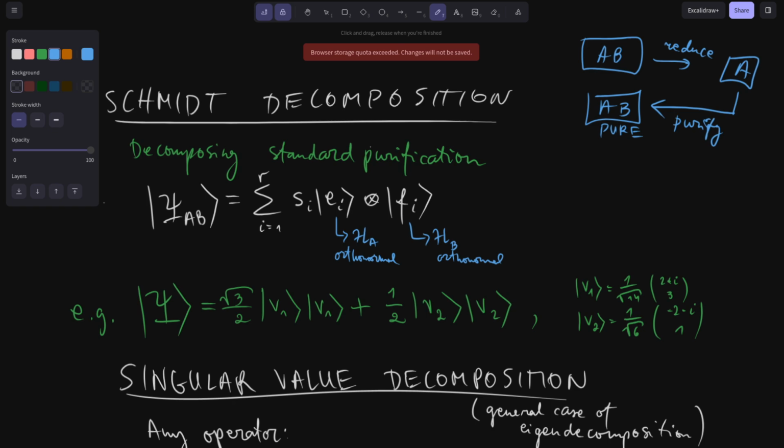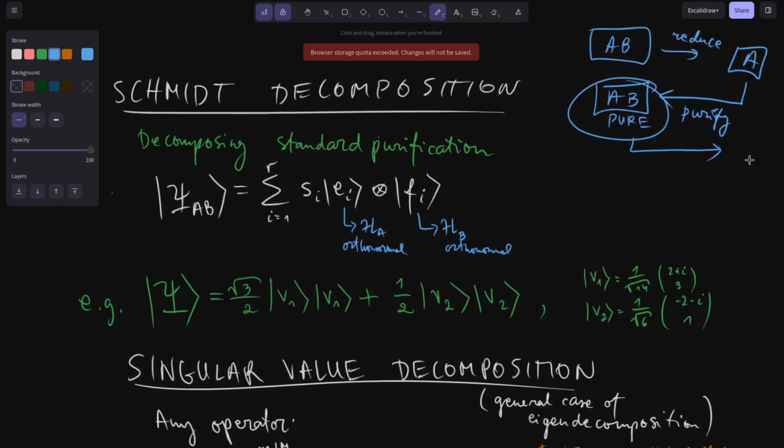But it turns out if we have this pure state, then we can do this again. Then it means that we actually can just expand this pure state in our original purification thing. So we can just decompose our pure state into this kind of standard purification thing. So yeah, now we go again in this direction.